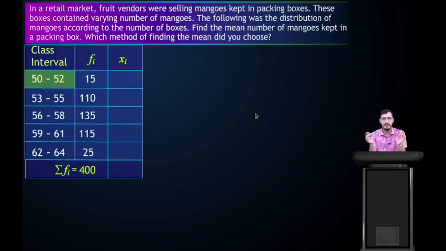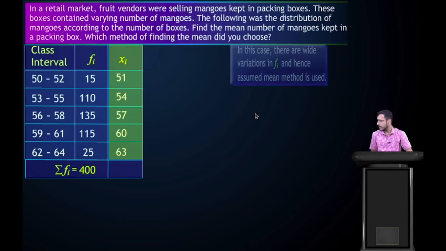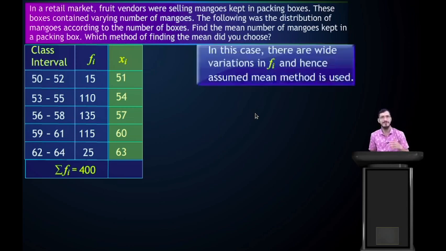Add 50 and 52, lower limit and upper limit, and divide by 2. So that is 102 by 2, 51. Now again 54, 57, 60 and 63. You can see the values are 51, 54, 57, 60 and 63.